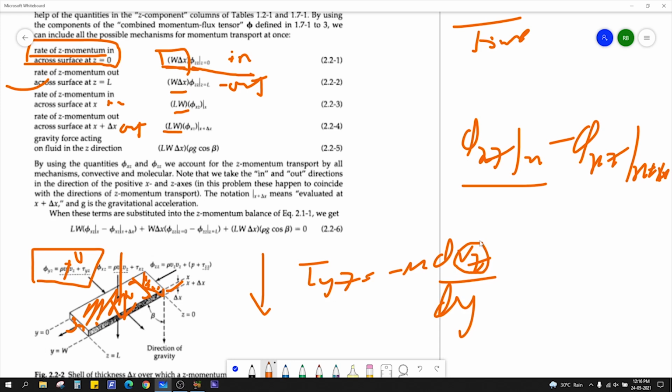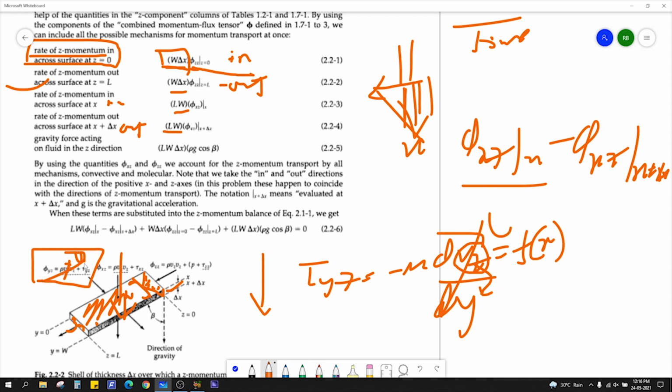Now Vz is not 0, but Vz is only a function of x, because according to Newton's law the momentum is transferred in the perpendicular direction, the x direction. Vz is not a function of y, so it looks constant with respect to y. So this term is 0, and the whole term becomes 0 plus 0. That's why it's not included here.